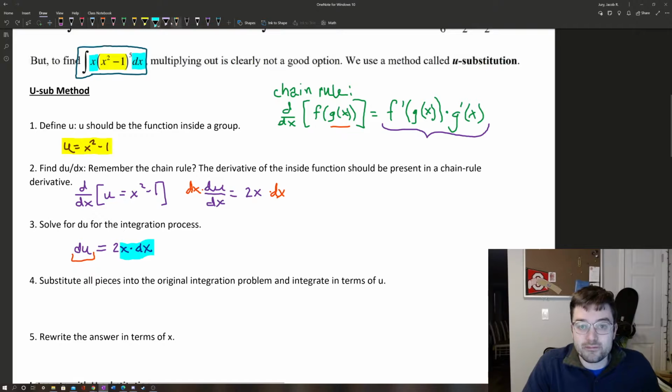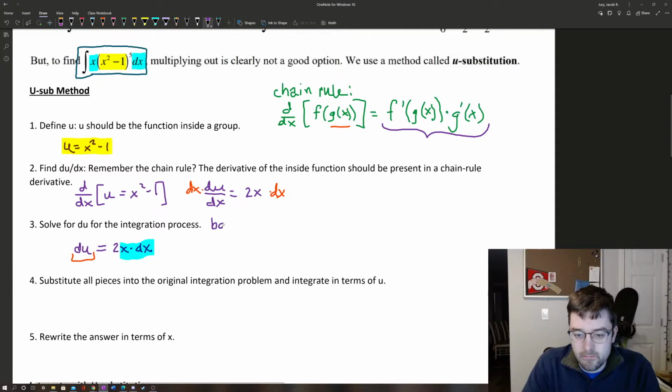So we see that we almost have exactly what we need to match du and u inside of our integral. So in fact, I should add something here.